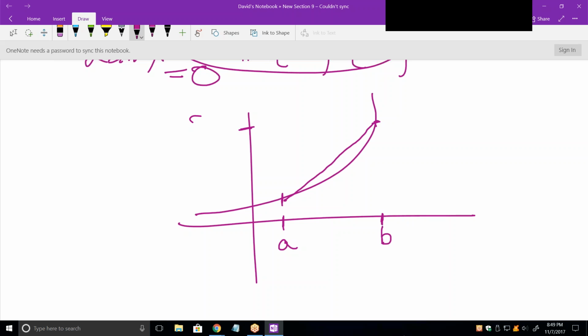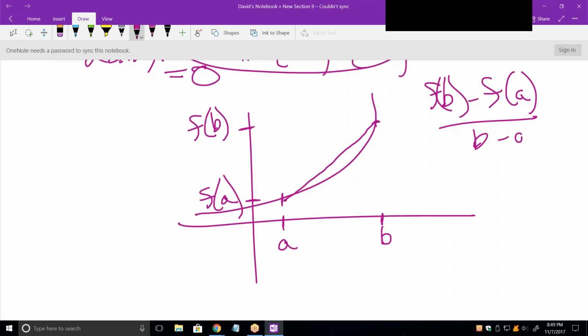In other words, this is f of B, this is f of A. Slope is the rise divided by the run. So the slope is f of B minus f of A divided by B minus A.